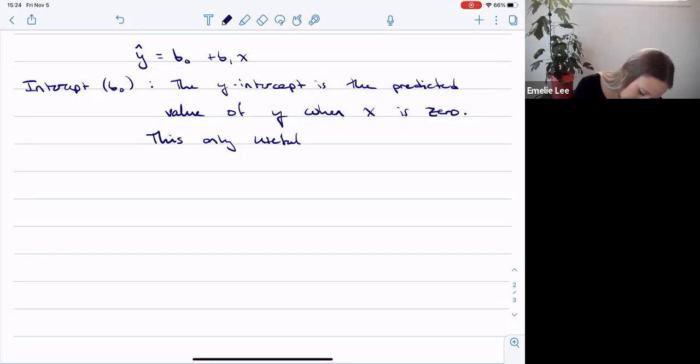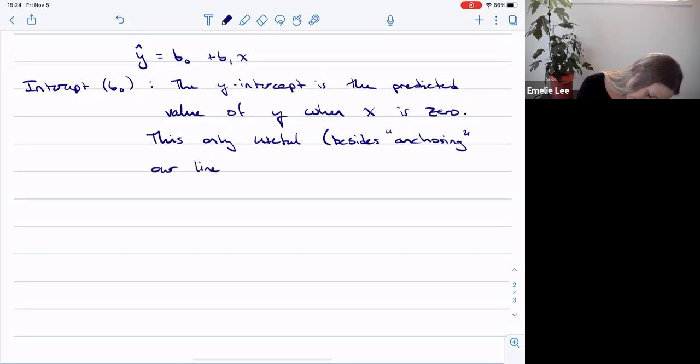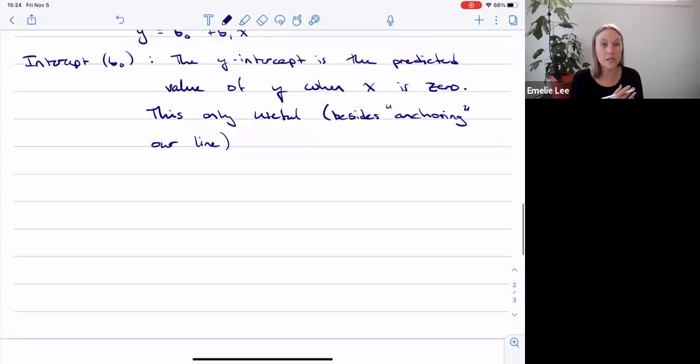So this is only useful besides anchoring our line if x can reasonably be 0.